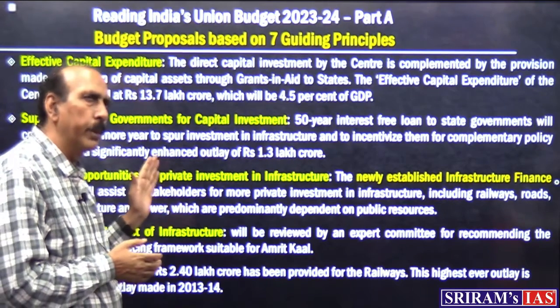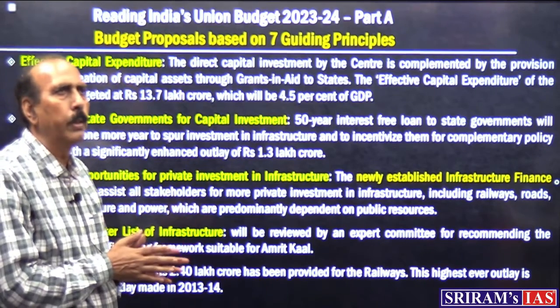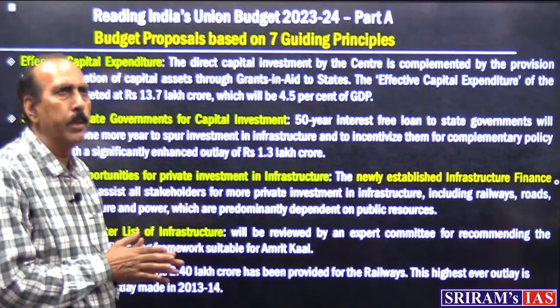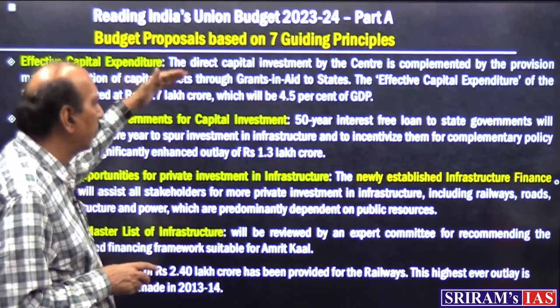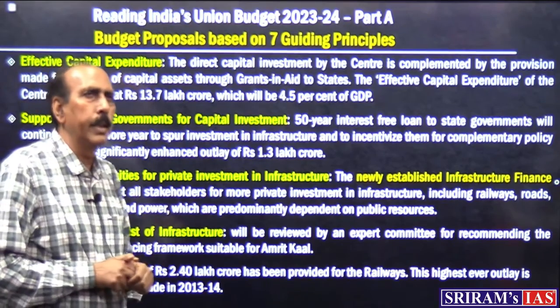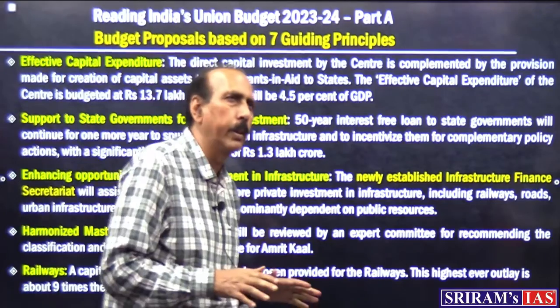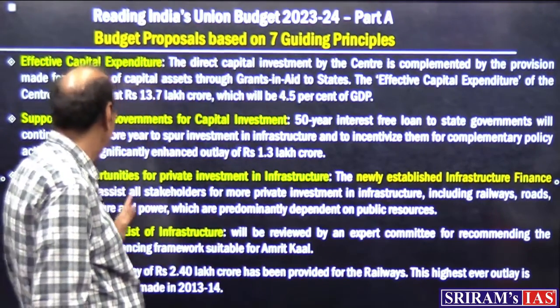If you only take into account the Government of India expenditure of 10 lakh crores, then the capital expenditure will be 3.3% of GDP. But if we take into account all the other components, it rises to 4.5%. It is the ever highest in the history of India as far as capital expenditure is concerned.